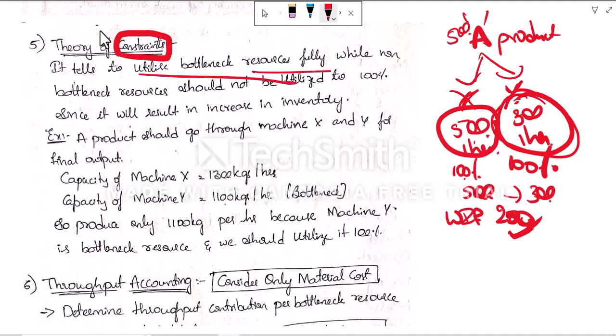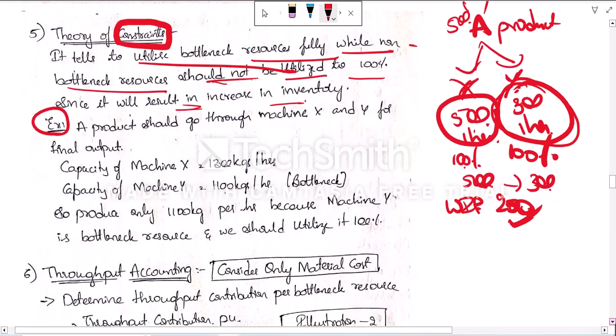Utilize the bottleneck resource fully, while non-bottleneck resources should not be utilized to 100%, since it will result in increasing the inventory. So I have given an example, same just like this. You can refer to that.